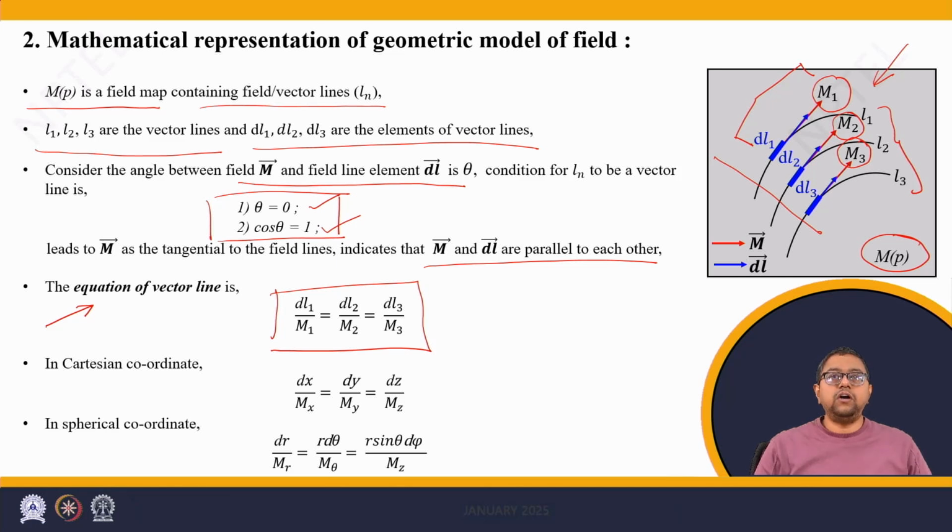This equality of the ratios of elemental lines to the fields gives the equation for the vector line. All it means is that the fields M1, M2 and M3 are parallel to dl1, dl2 and dl3, and their respective magnitudes can be obtained from the closeness of M1, M2, M3 and L1, L2, L3.